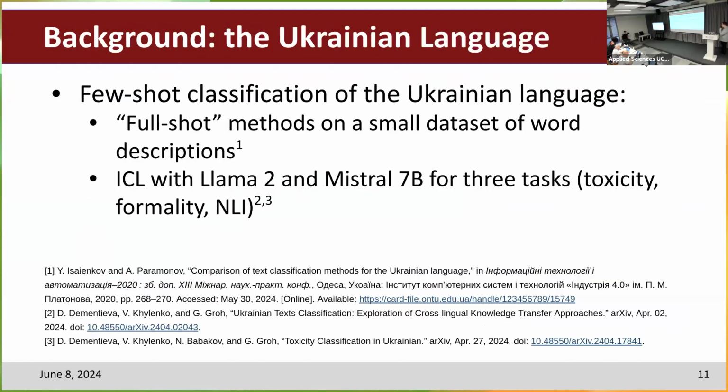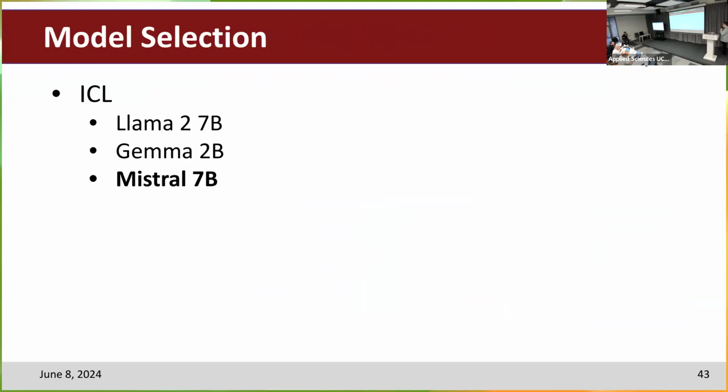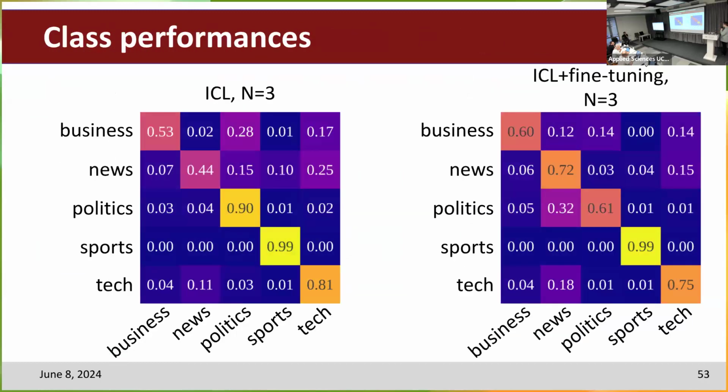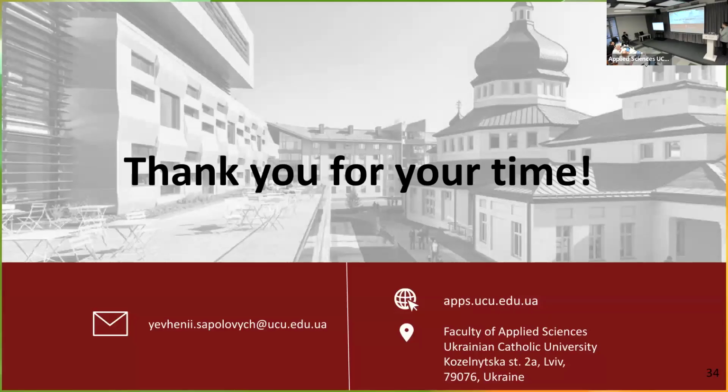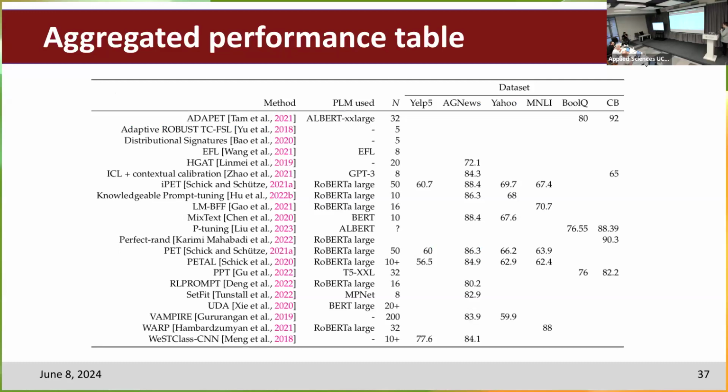Again, for English, it is hard to tell a single state of the art due to the plethora of data sets and setups. For Ukrainian, I don't have it here in the presentation, but basically there are some results for toxicity with Mistral 7B. I'm asking about English, not Ukrainian. Oh, okay. For English, there are just too many data sets to say there's a single state of the art.